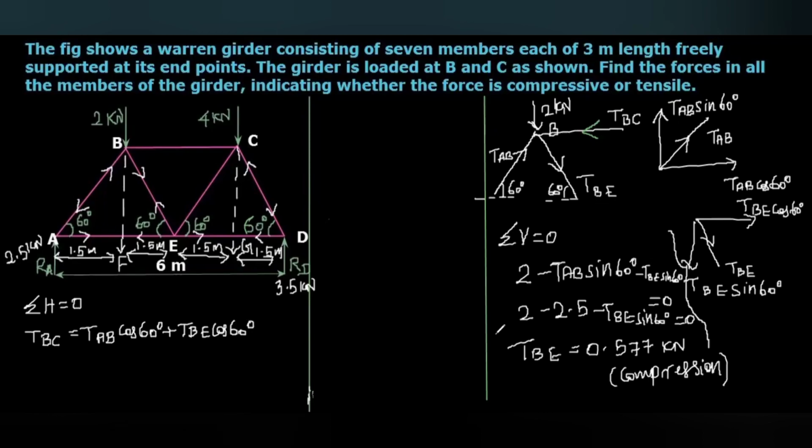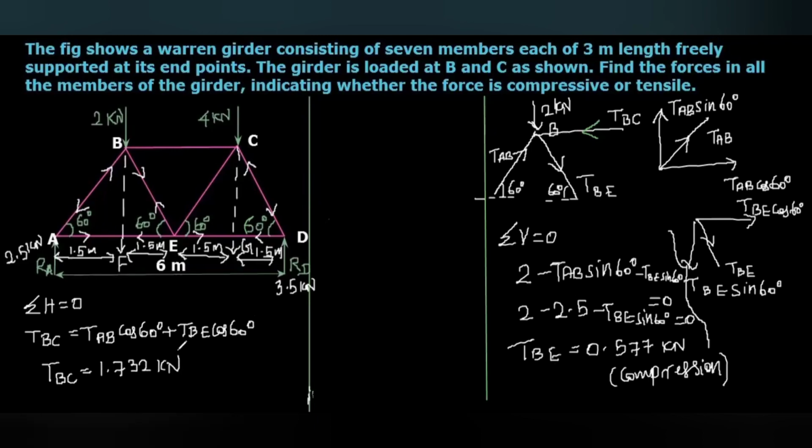Now we calculated the value of TBE. Already we know the value of TAB. So if we substitute the values of TAB and TBE, then we will get the tension in the member BC, that is 1.732 kilonewton.